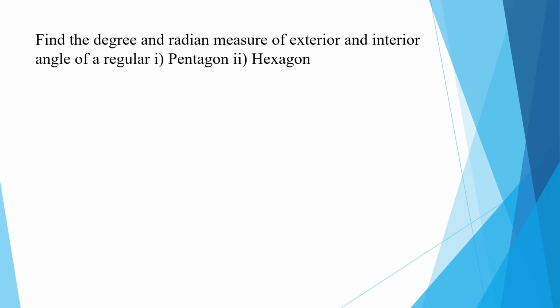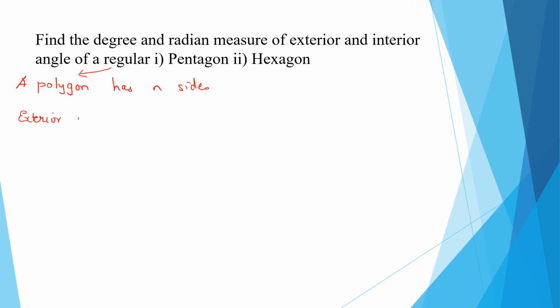Now, most important application: find the degree and radian measure of the exterior and interior angles of a regular pentagon, hexagon. Now suppose a polygon has n sides. I am talking about a regular polygon.